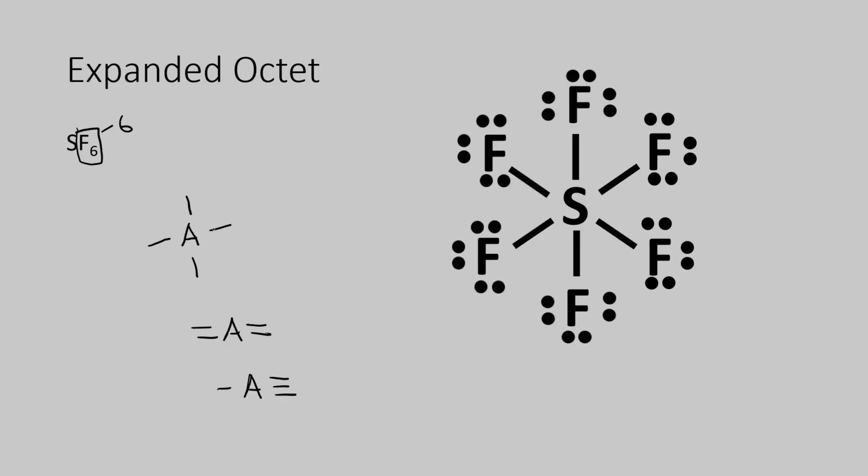Sebab satu bond ada 2 elektron kan? 1, 2, 3, 4, 5, 6, 7, 8. So 8. Any more than 4, dia already dah expanded octet. So kalau you tengok dia ada macam 6 ataupun SF5 ke, you already know it is an expanded octet. Okay.